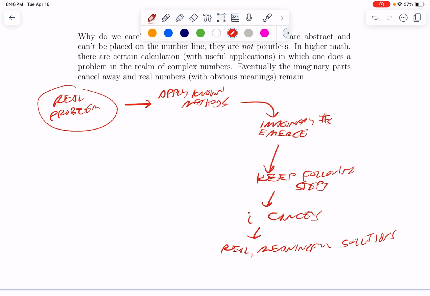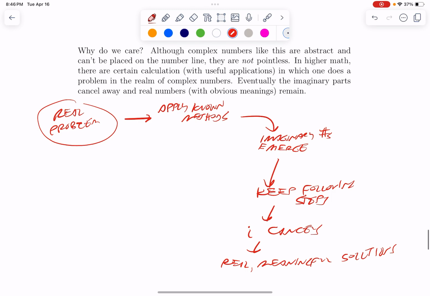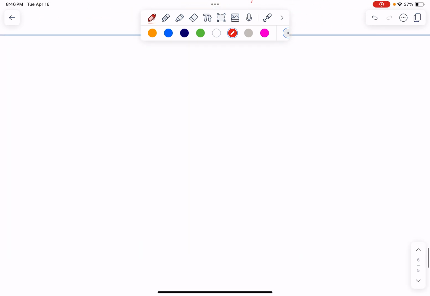I can't give you more detail. But later on in your mathematical career, you might notice complex numbers coming up in a way that actually feels helpful. What I will also tell you is it allows us to solve difficult quadratic equations in a way that's a little deeper than just throwing up our hands and saying there's no solution.